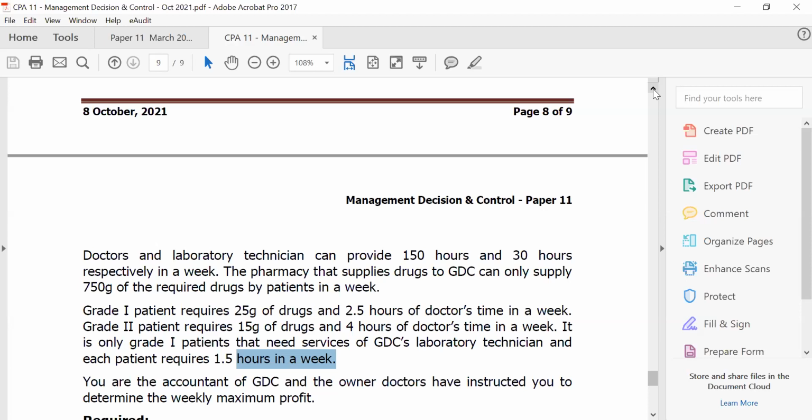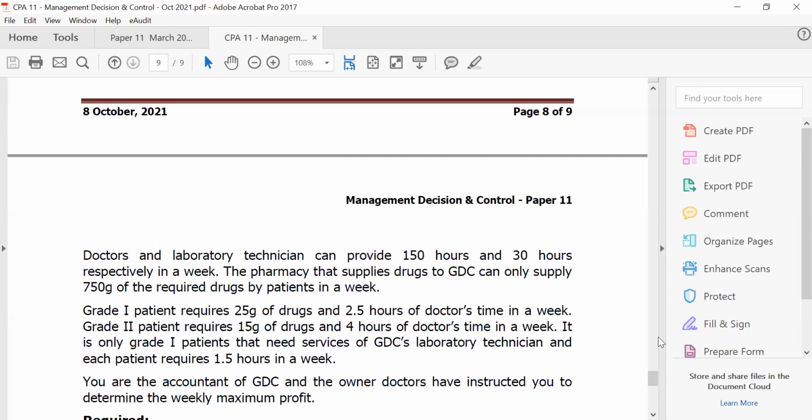So from this information, you get to realize that our key objective here is to make profits. So from that perspective, our objective function will be inclined to the aspect of making profits. So that is very important. So we are going to see how to be able to attempt this.